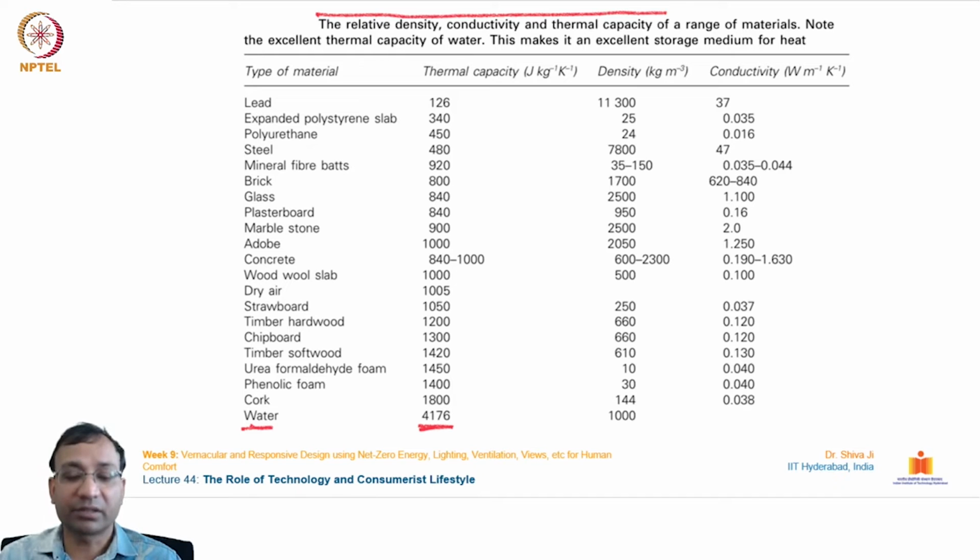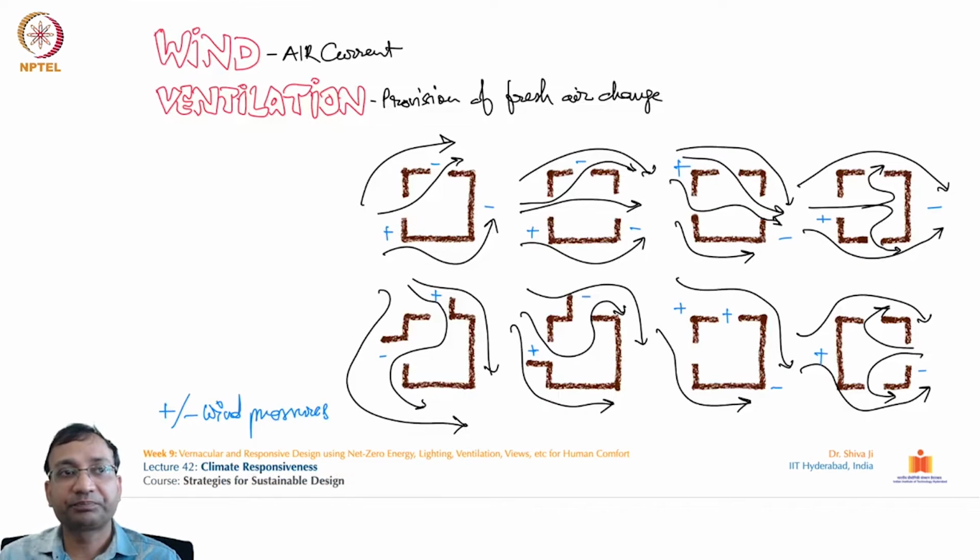apply these materials responsibly. Further to this, what could be the other strategies? Ventilation is one of the very important requirements of any building. So how can we plan the openings in our building, because there is always some wind?